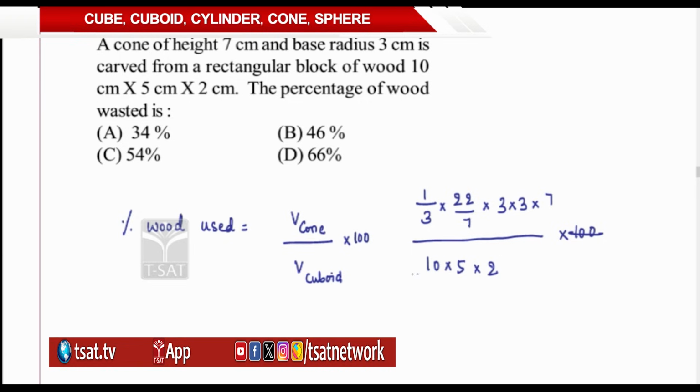So 100 cancel. This 21 cancel. So there is 66% of the wood used. So if 66% of the wood used, therefore you can say 34% of the wood is wasted. So the percentage wasted is 34.